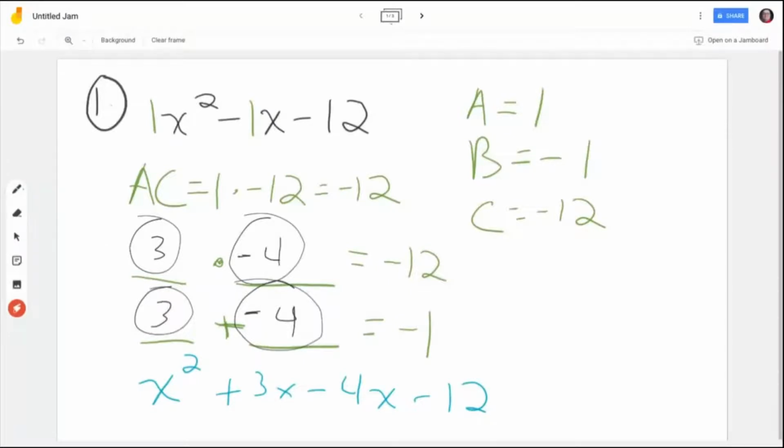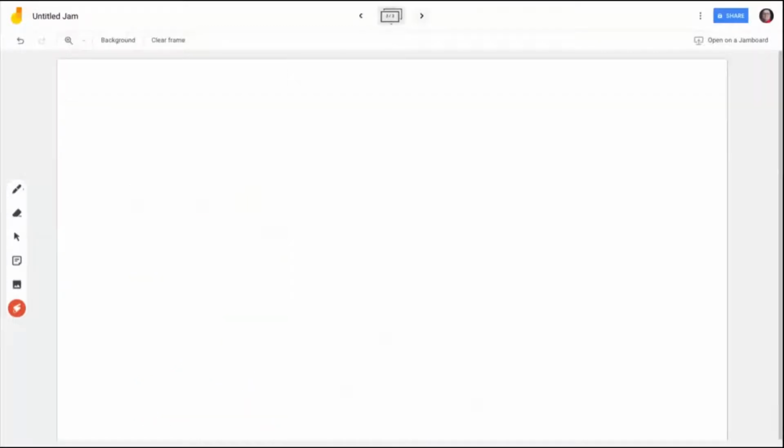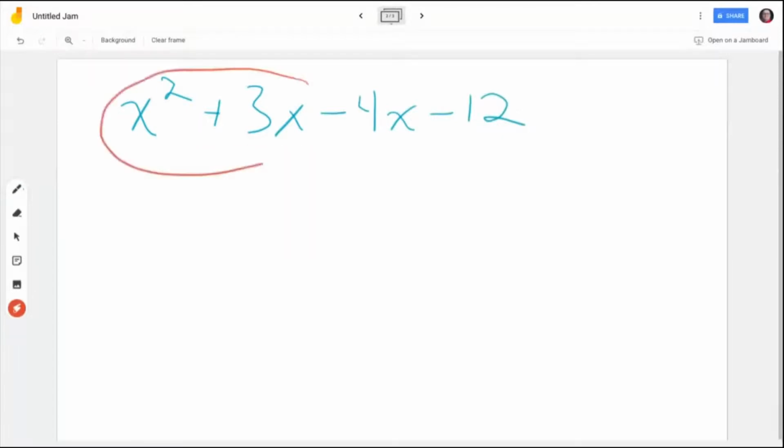So let's take this. What we're going to do now is factor this pair, and factor this pair. And so let's go to another page and do that. So what we had was x squared plus 3x minus 4x minus 12. We're going to look at this first pair right here. What can we factor out of these two terms? What do they have in common?